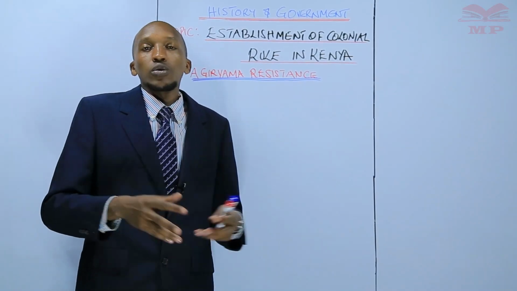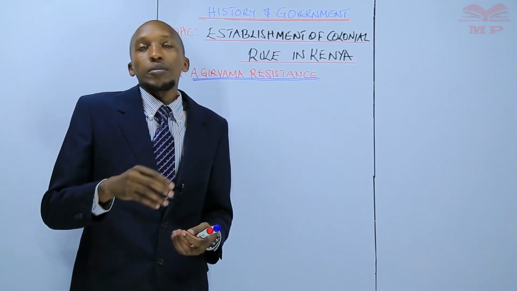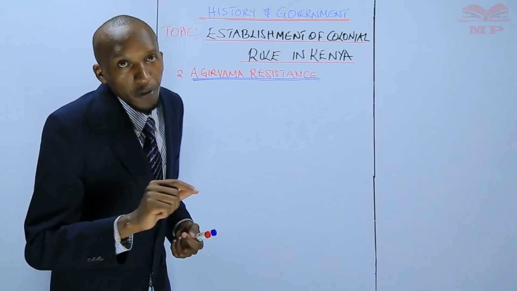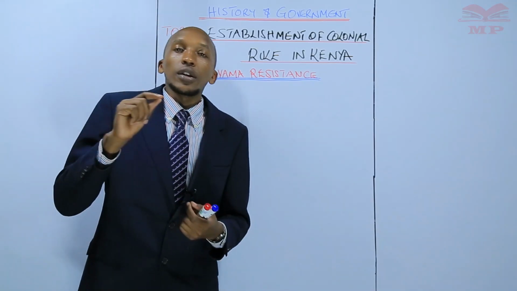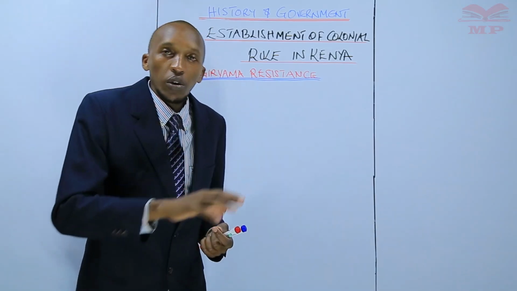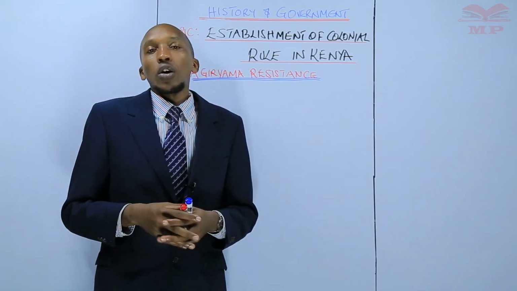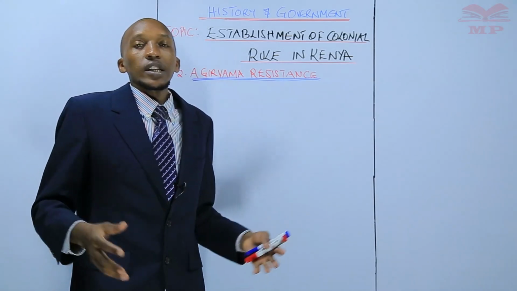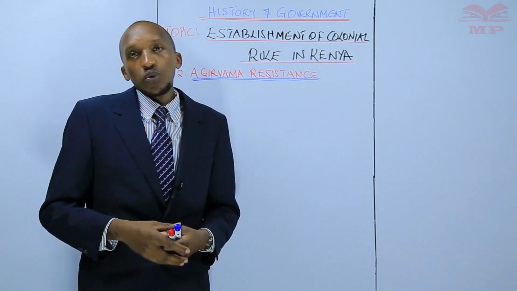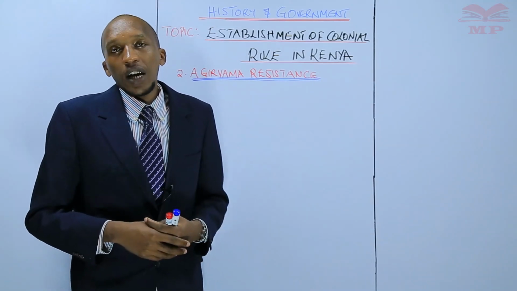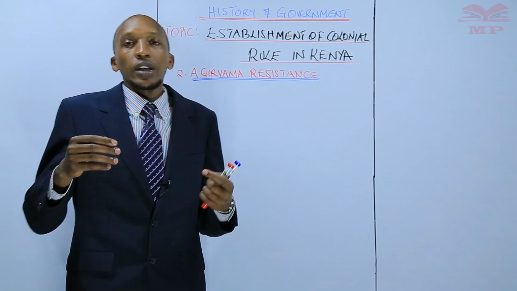If you could get your atlases and locate on the map of the people of Kenya, you are going to locate the Agiriama people in the coastal part, in the southern part of the Kenyan nation. They had settled in this place earlier, even before the coming of the British.